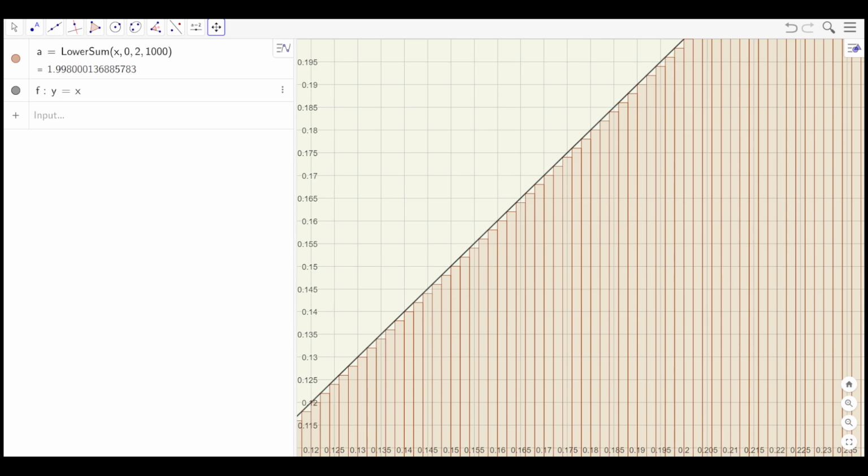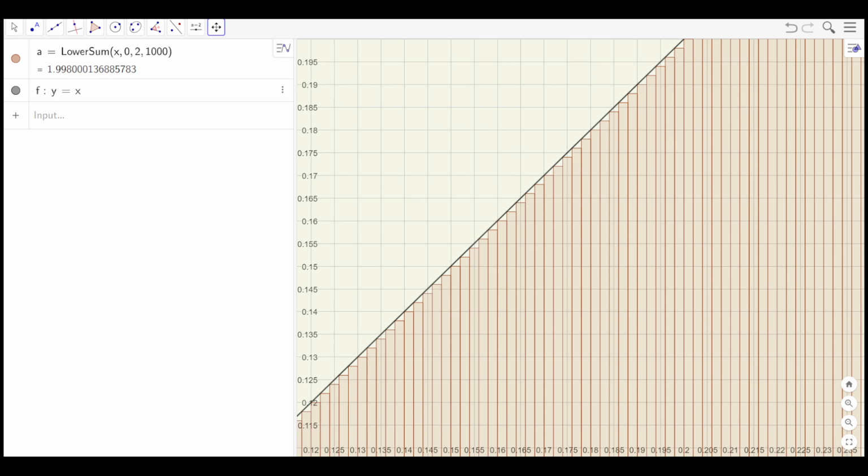So this is the definition of integral. But I told you that using this definition, even though that was the motivating part, it is not practically useful. To calculate this, we use Newton's formula.